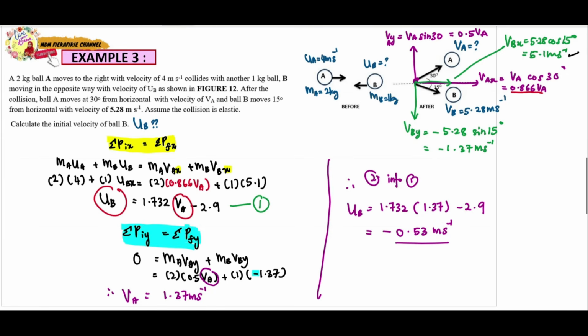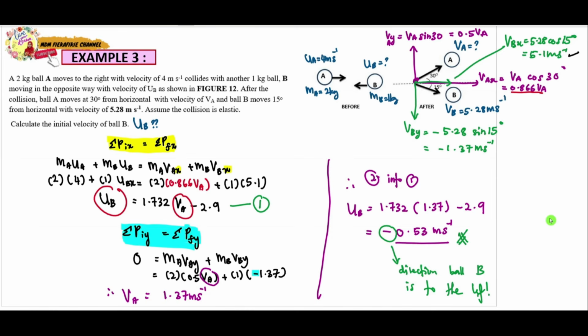Okay, so look at here that the answer is negative sign since the direction of ball B is to the left. Okay, so kita pun dah dapat jawapan what is the initial velocity of ball B.